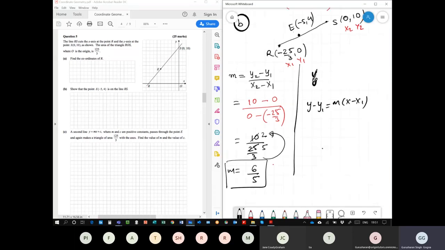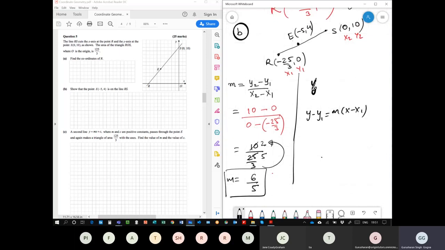So you can choose y1, x1, any number, doesn't matter. So I'll use the simple one. You can use any coordinates because all of them are on the line. So you can use any one, this one, R or S, doesn't matter. You will get the same answer. So I'm using this as x1, y1, because it's simple as compared to the fraction, you know.